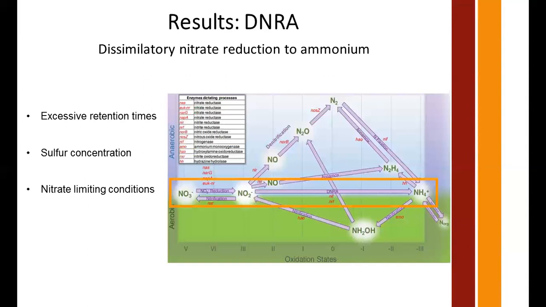It is also believed that DNRA occurs in environments with nitrate limiting conditions. It's a way for the bacteria to conserve nitrogen by converting it to ammonium instead of into dinitrogen gas, where it is lost.